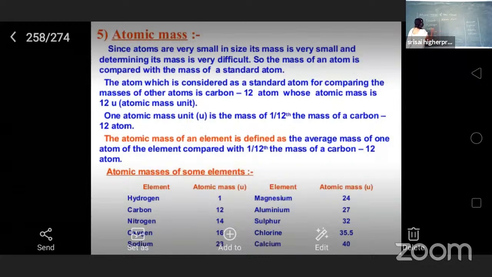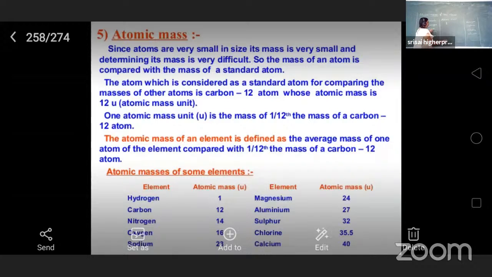So now we come to this. Element hydrogen: atomic number is 1 and atomic mass is also 1. What is the atomic mass of carbon? 12. The atomic number of carbon is 6.